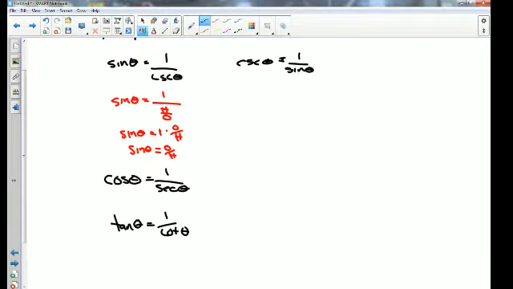Yeah, secant is 1 over cosine, and cotangent is 1 over tangent. Okay, so 6 identities you've subconsciously worked with before. We haven't formally put them up, but there you go.